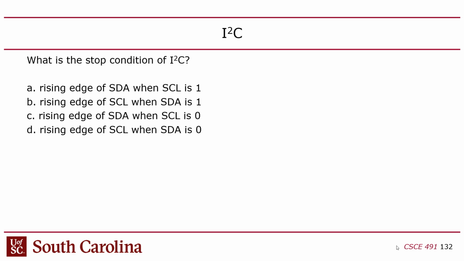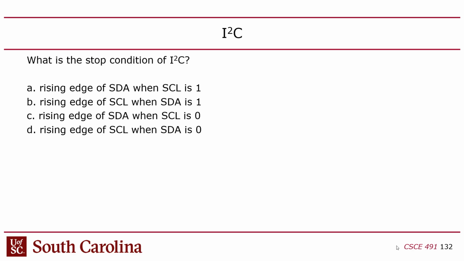Okay, so what's the stop condition? Well, remember it's the clock. When the clock is high, you shouldn't change data. So if you have a rising edge of SDA when the clock is high, that's the stop. A rising edge of clock when SDA is 0, that's not a problem, that's normal.